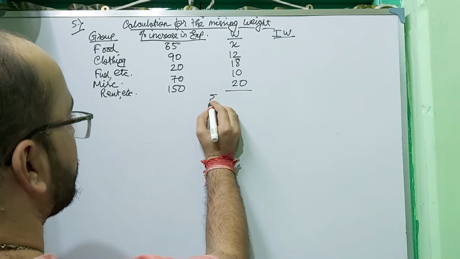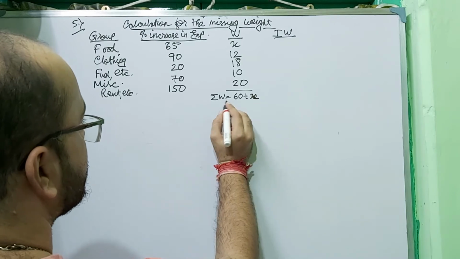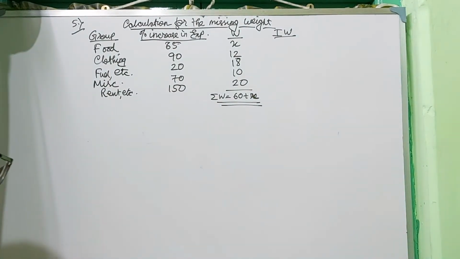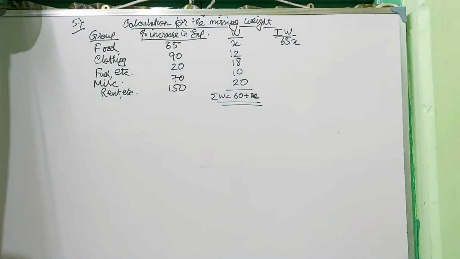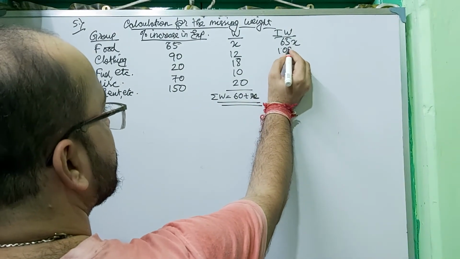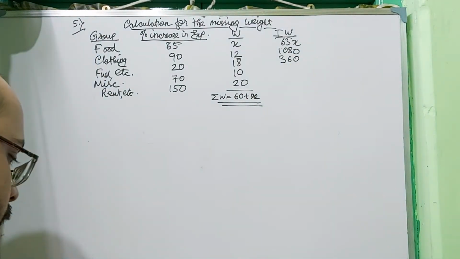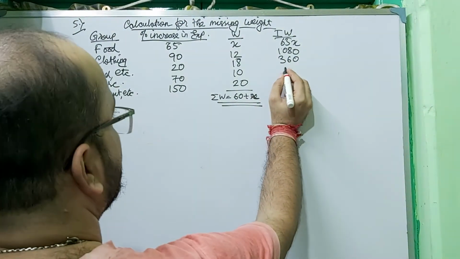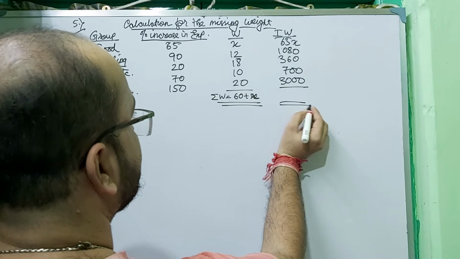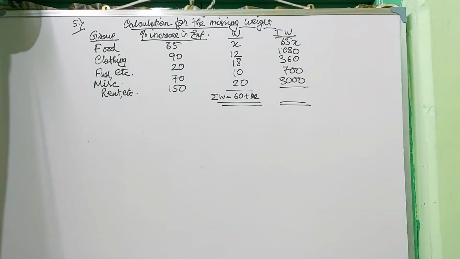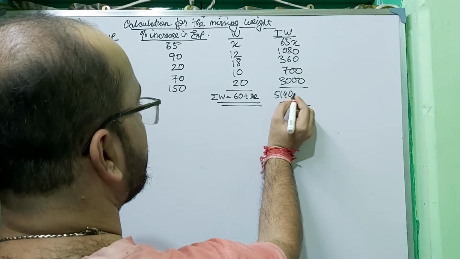So here, summation of W will be 60 plus X. And here it will be 65X, 90 into 12 is 1080, 360, 700, 3000, 3700, 1700, 1040 is 5140 plus 65X.